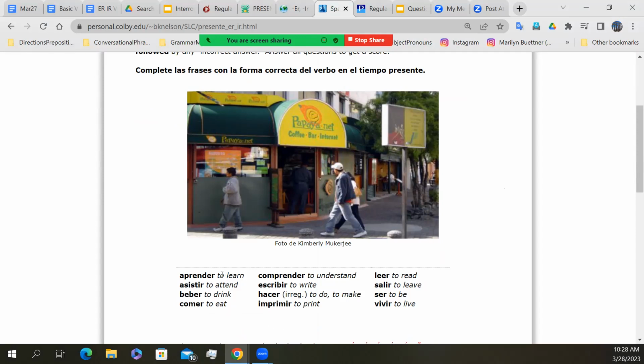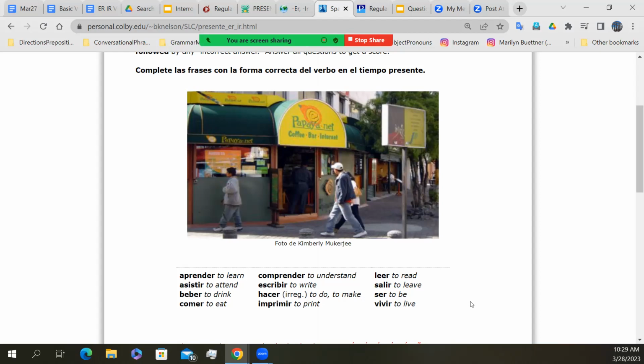So here's our word bank. Aprender, asistir, which does not mean what it sounds like in English. Asistir means to attend an event. Beber, comer, comprender, escribir. Hacer. You have not seen that verb before. Hacer says irreg.